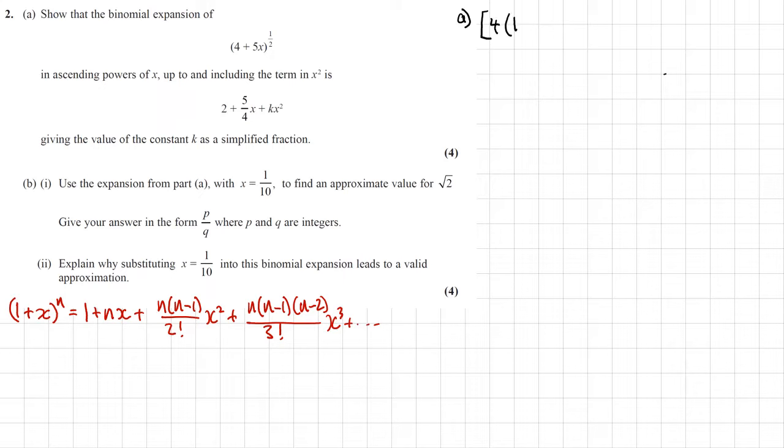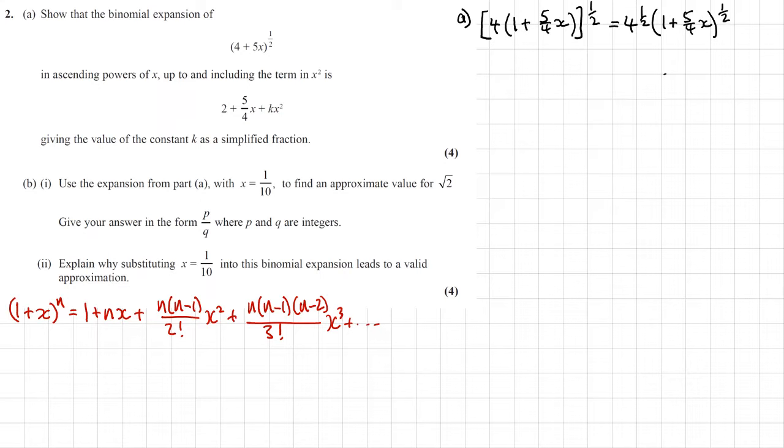That will give me 1 plus 5 over 4x in the brackets. Now remember, all of this is to the power half, not just the inner bracket. So that's 4 to the power half times, using rules for powers, 1 plus 5 over 4x to the power half.